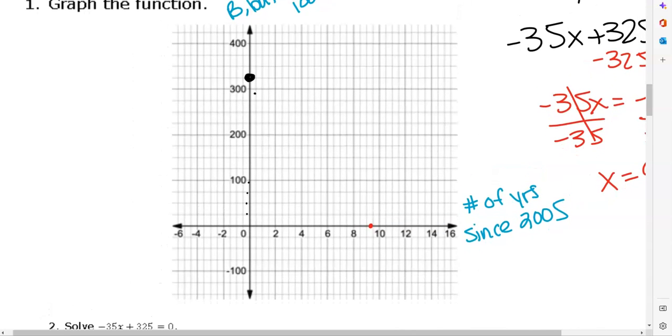And now I'm going to connect those guys. So not beautiful numbers, but that was still easier than trying to go down 35 and over 1, right, with the way the scaling is on this graph. Okay, it was easier to make our best estimate on where it's going to cross on the x-axis and connect those 2 points.